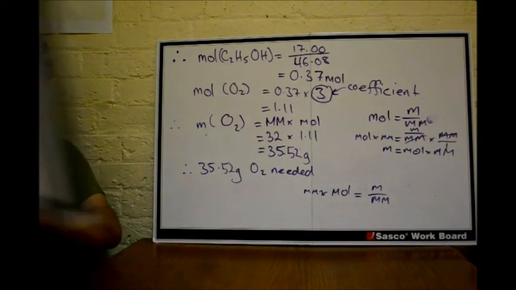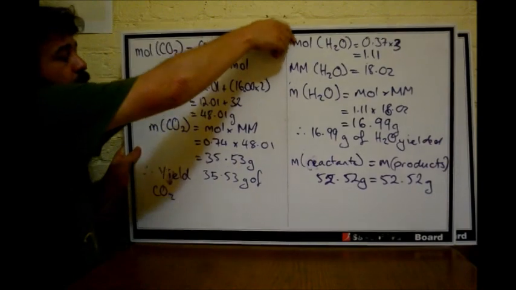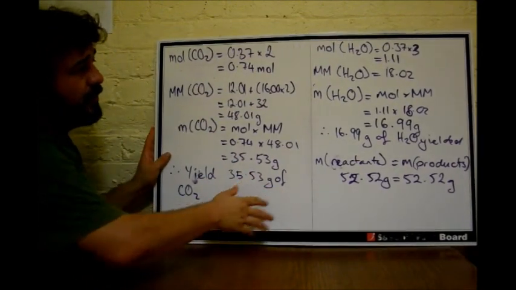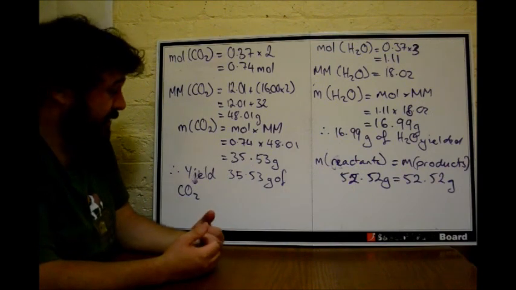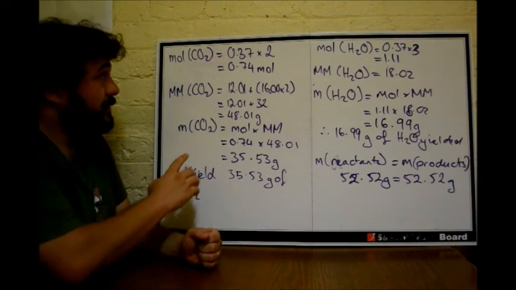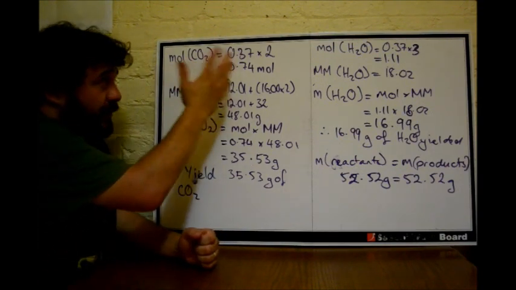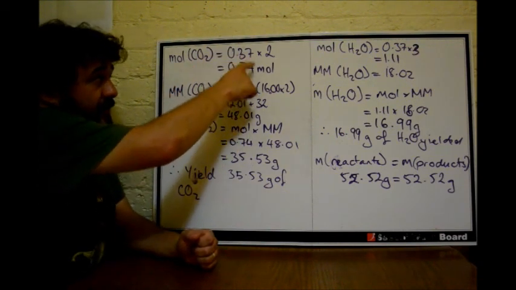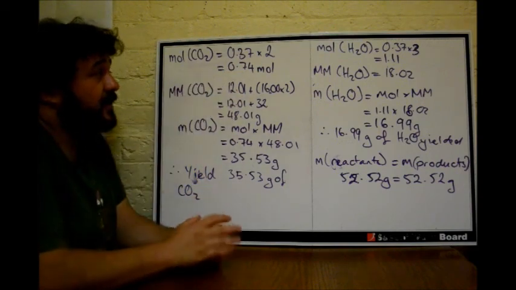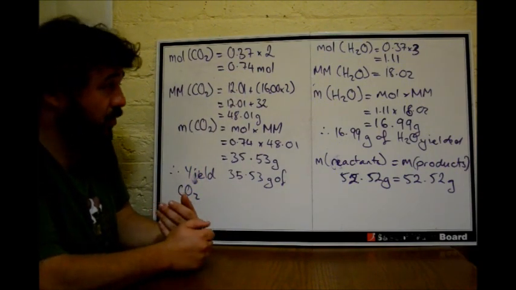Now we wish to know what that experiment will yield, so what we're going to get out of it. First we work out the moles of carbon dioxide, so it's 0.37 again, times 2, which is going to give us 0.74 moles.